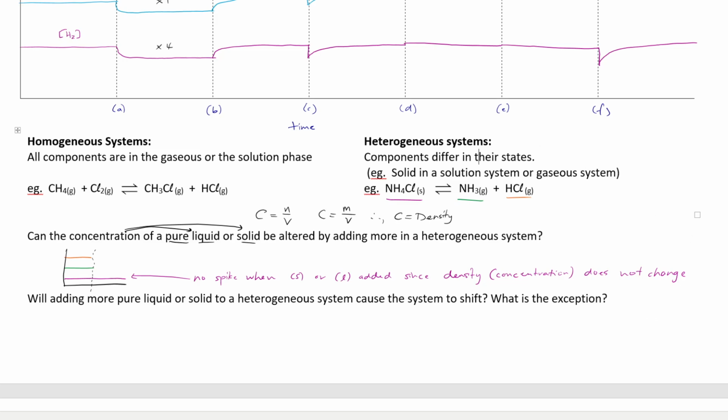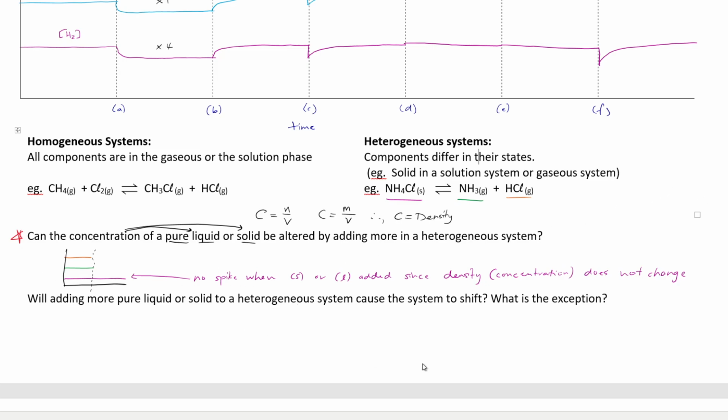So this is a very important fact, and that's why we include it in the note package: can the concentration of a pure solid or liquid be altered by adding more in a heterogeneous system? And we say no. There is no change in the concentration even if we add more to it, because there's no spike since the density does not change.